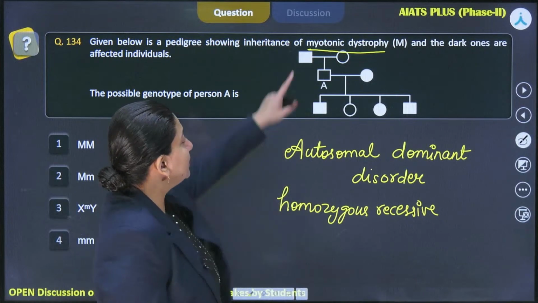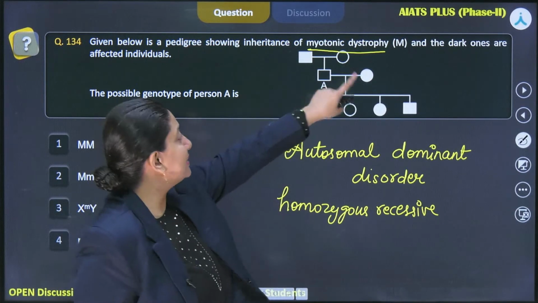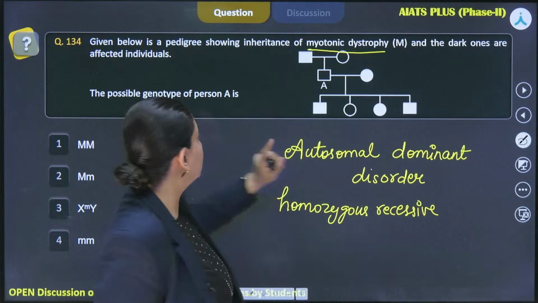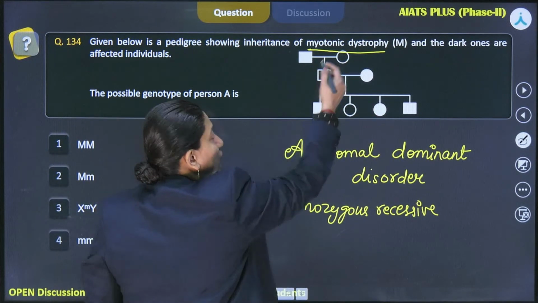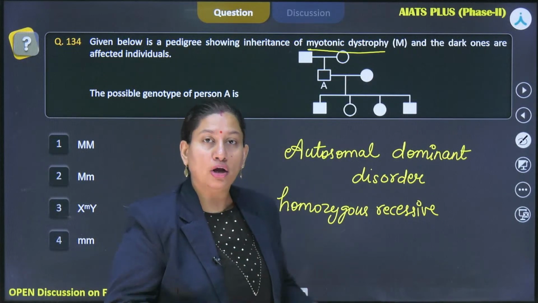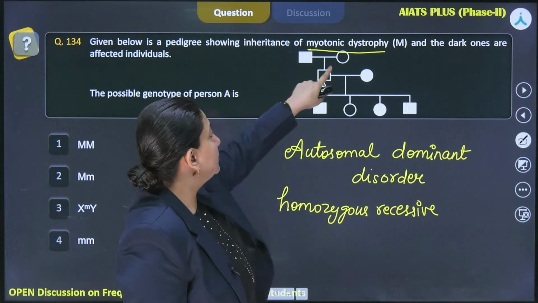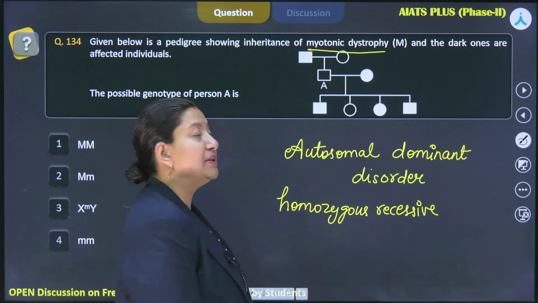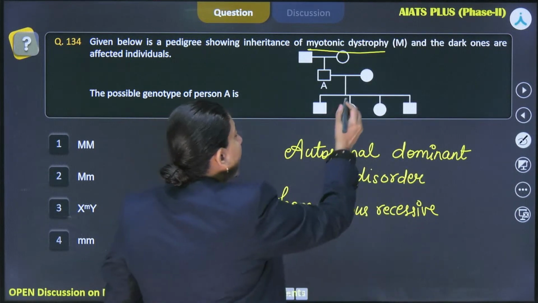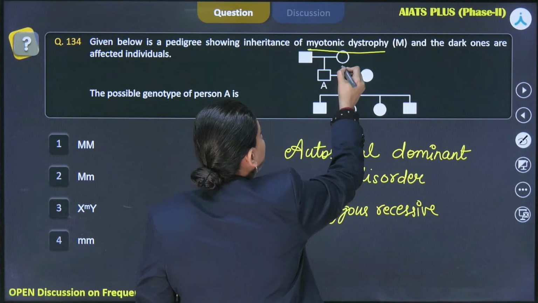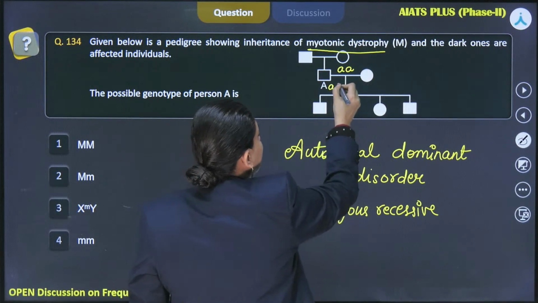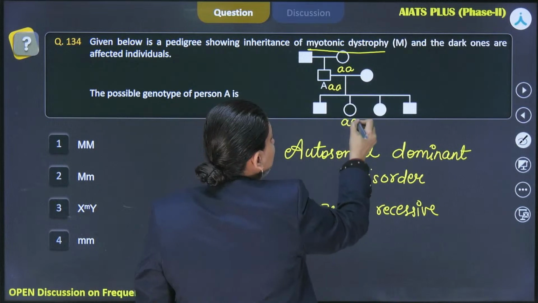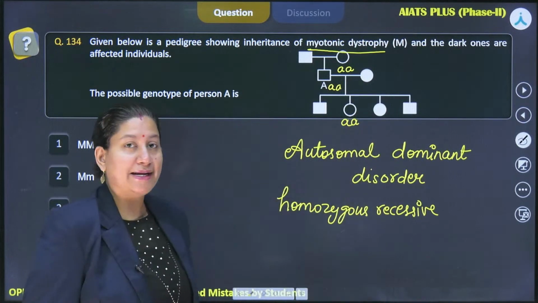In this pedigree, the dark ones are the affected individuals, which means all the non-filled symbols, circles and squares, are the unaffected individuals. Assuming the allele to be A, all of them will have the genotype small a.